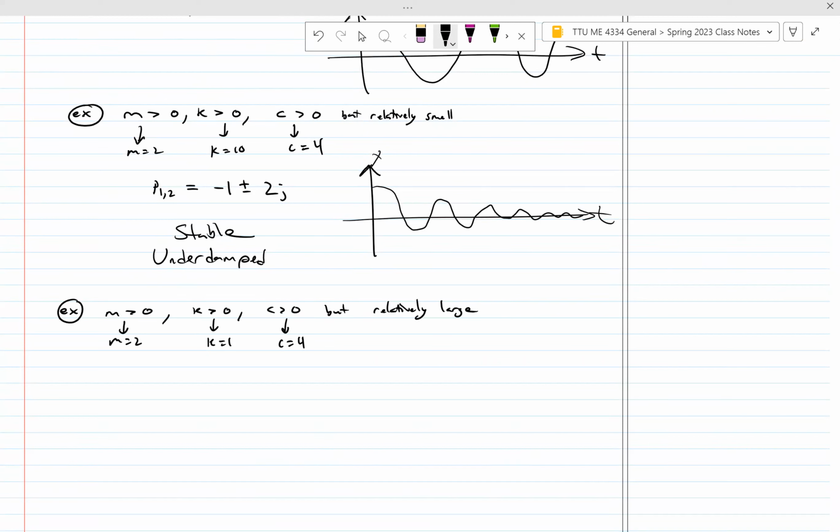What do we get for our poles in this case? I'm doing this for a second order system as an example, but we could do this for third order systems, fifth order systems, 100th order systems. It doesn't matter. All this stuff applies for whatever order.